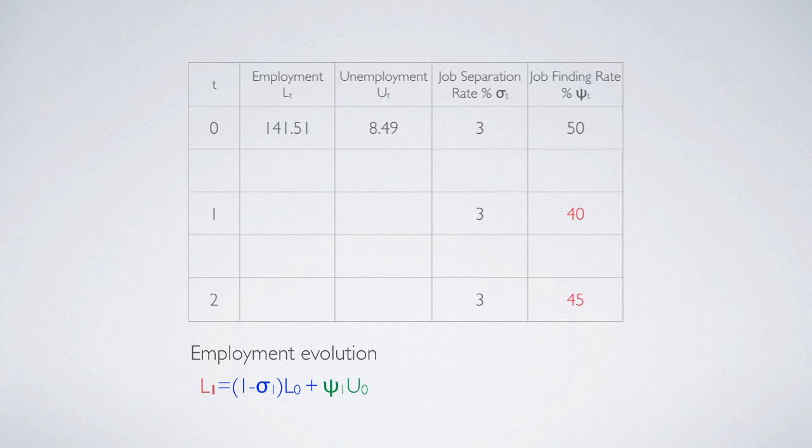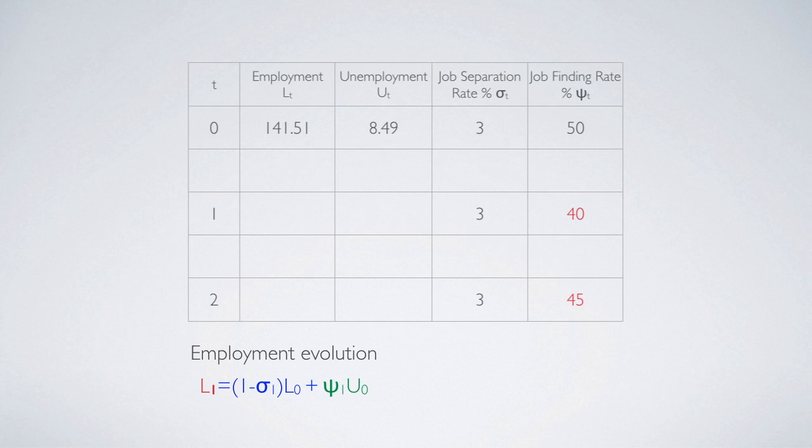The employment and unemployment rates are the natural rates that we computed earlier. They are 141.51 million for the natural employment population, and the natural unemployment population would be 8.49 million. That is under a job separation rate of 3% and a job finding rate of 50%.